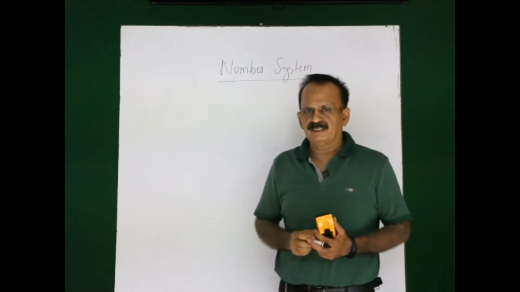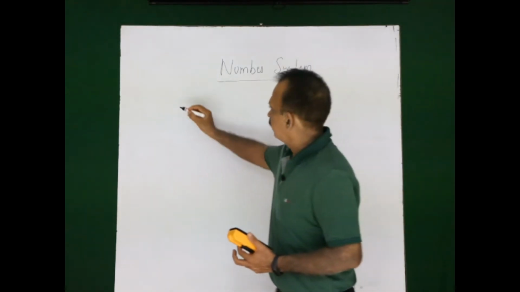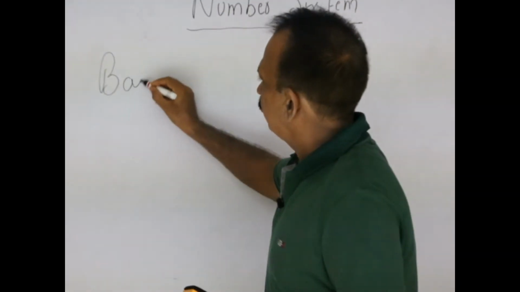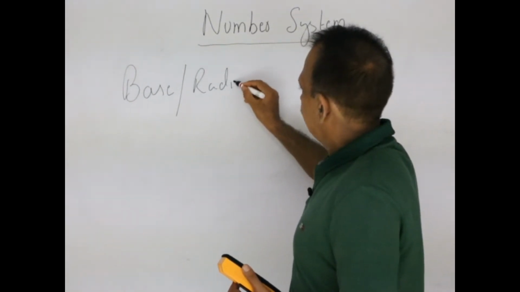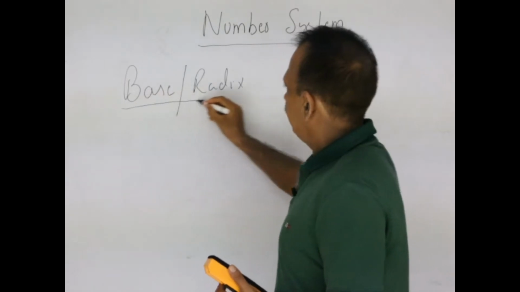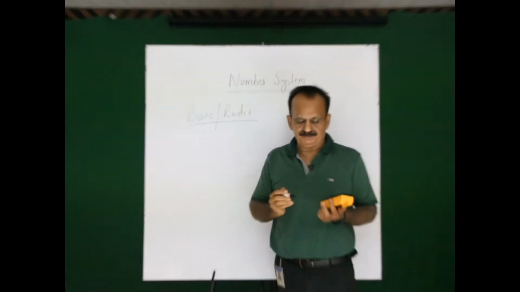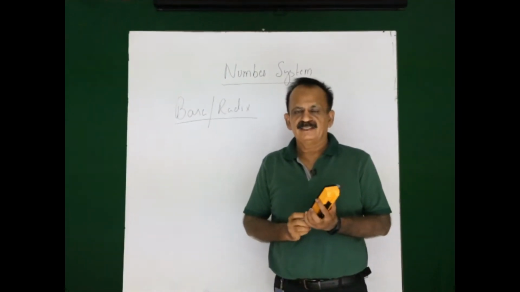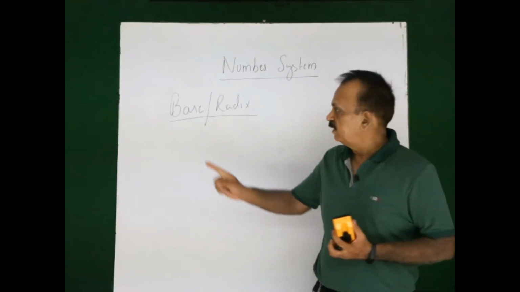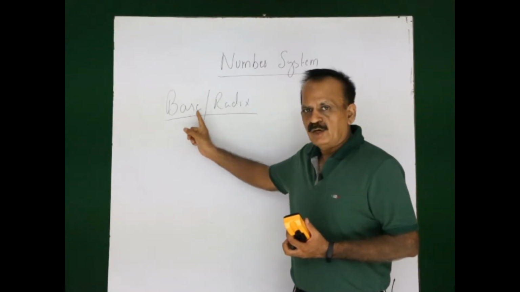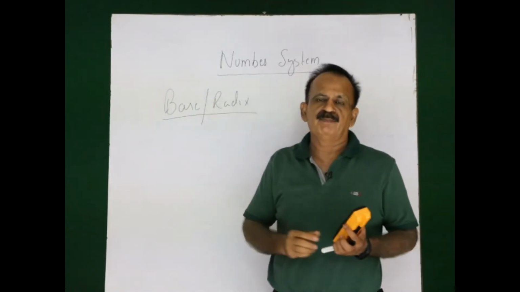A very important term in number system is the base of the number system, or the radix of the number system. This is a very important term related to any number system. Base or radix: the maximum number of digits in any number system represents the base or the radix of the number system.